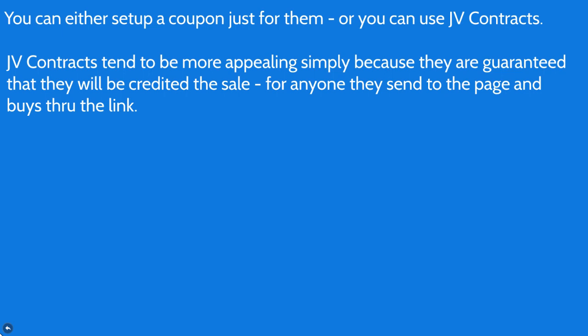Now, if you set up a Jvzoo JV contract and you put them on the contract, then any sale that they refer to that page, even if somebody else comes to that page, they are credited. So as an affiliate, as a joint venture partner, they are going to take you a lot more seriously. They are more likely to push harder because they know that they are not going to lose money.